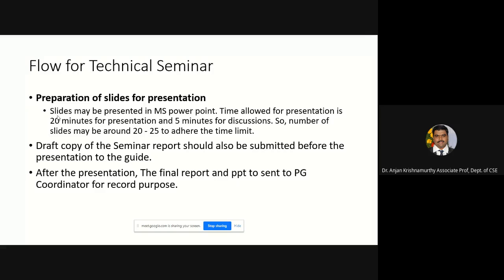So this is the flow of the technical seminar that you're supposed to maintain, right? The presentation of technical seminars may be scheduled sometime in the month of May or June. I will let you know about that.